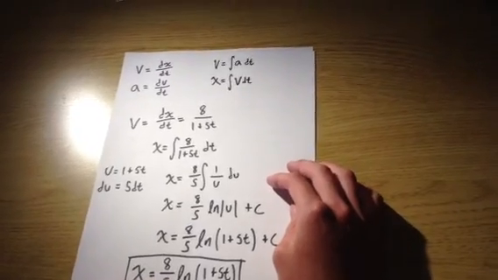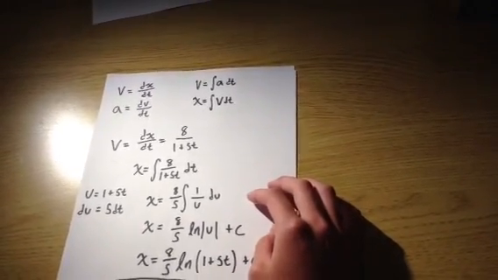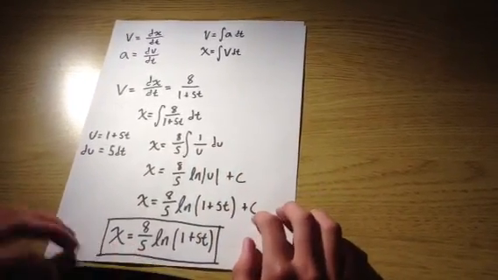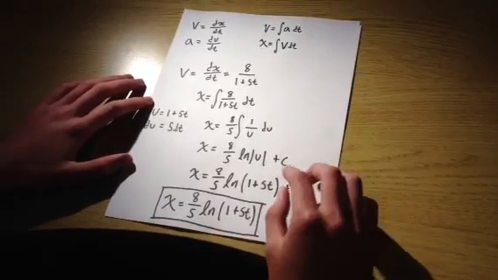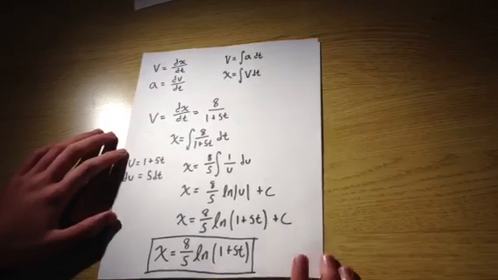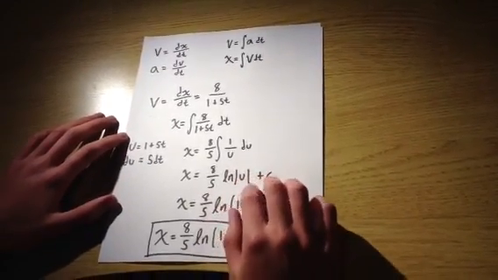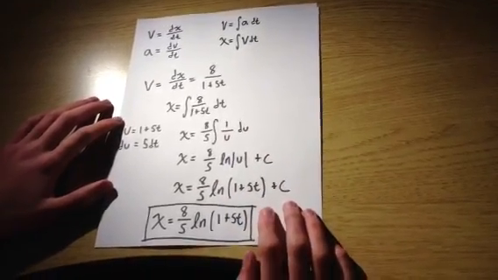We make u equal 1 plus 5t, and du is 5 dt. Then we plug it back in, and then we're able to integrate this. We get x equals 8 over 5 ln u plus c, and we're able to take out the absolute value bars, since time is always going to be positive.